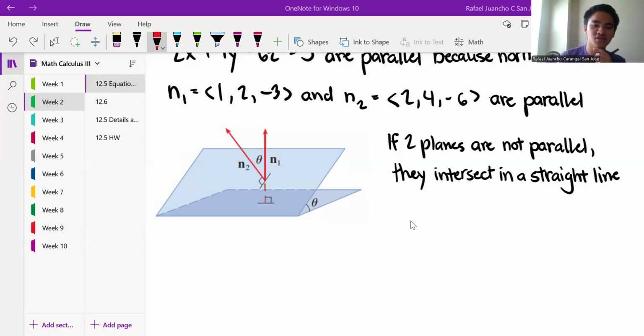See, I find this interesting. If you look at this flat plane here, it has this normal vector, and it's perpendicular. So my intuition was wrong.